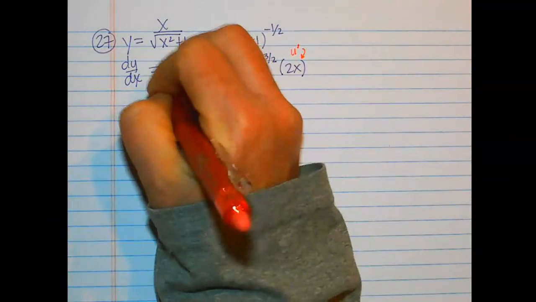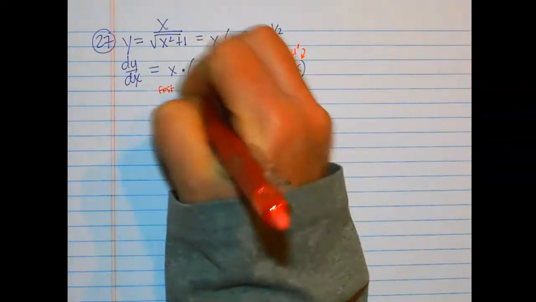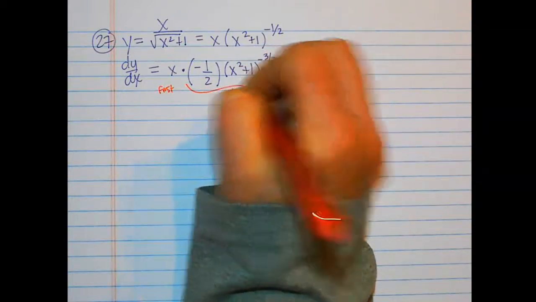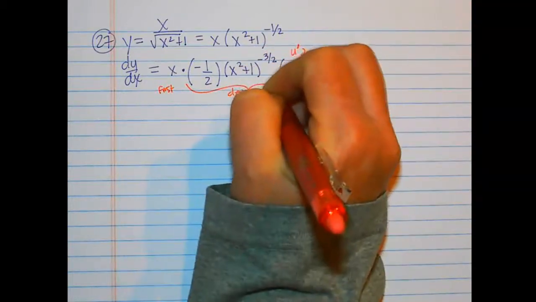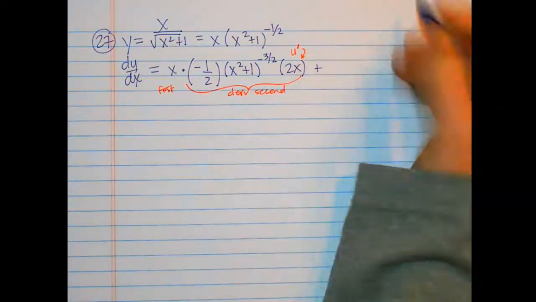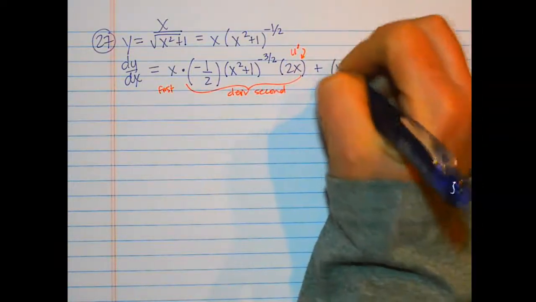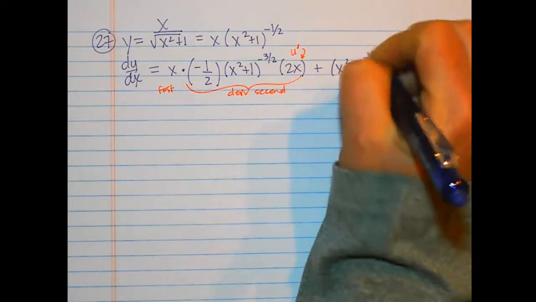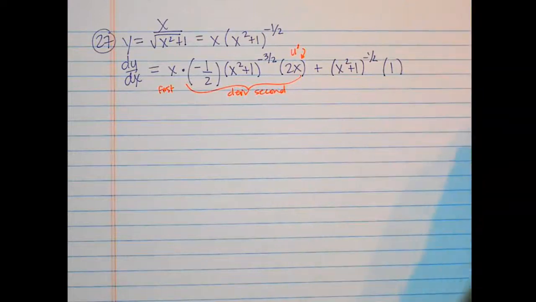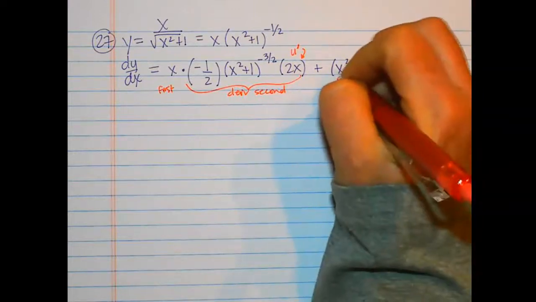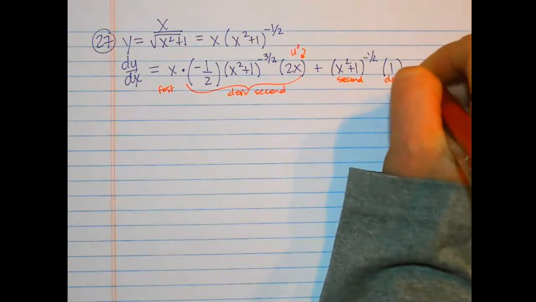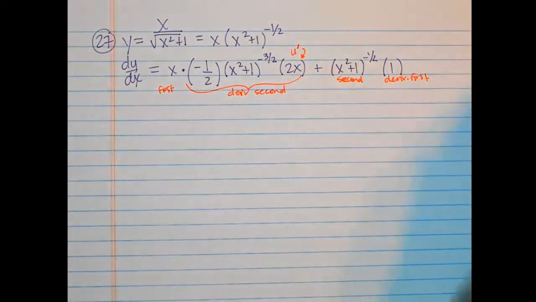This is first, and this whole thing is the derivative of the second. Product rule says plus the second, x squared plus 1 to the negative 1/2, times the derivative of the first. So this is second, derivative of the first. Okay, so we've done all the work.